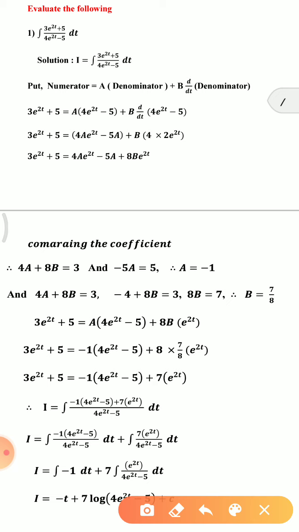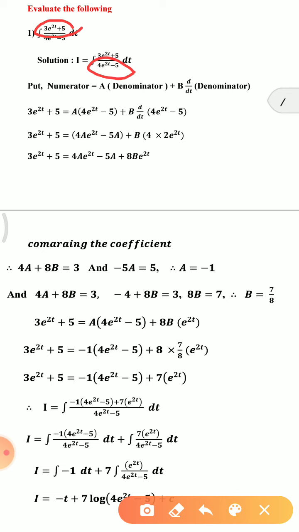See the solution. I is equal to the integration of (3 e^(2t) + 5) / (4 e^(2t) - 5) dt. Taking the numerator equal to A times the denominator plus B times d/dt of the denominator, the numerator is 3 e^(2t) + 5 and the denominator is 4 e^(2t) - 5.